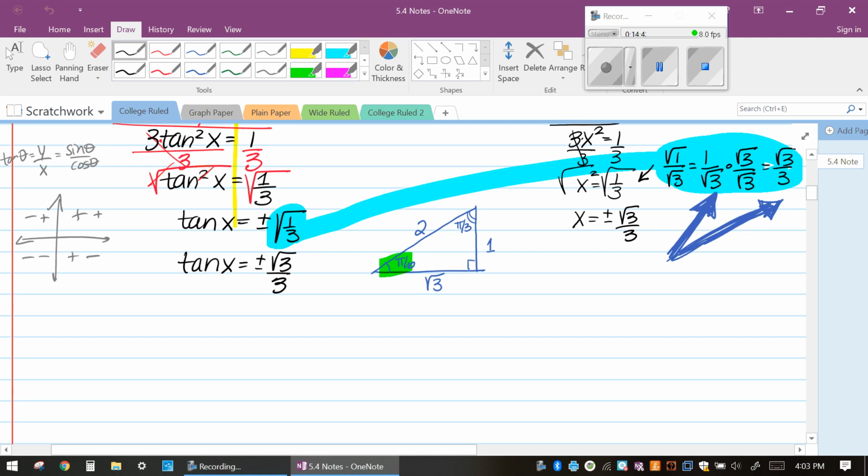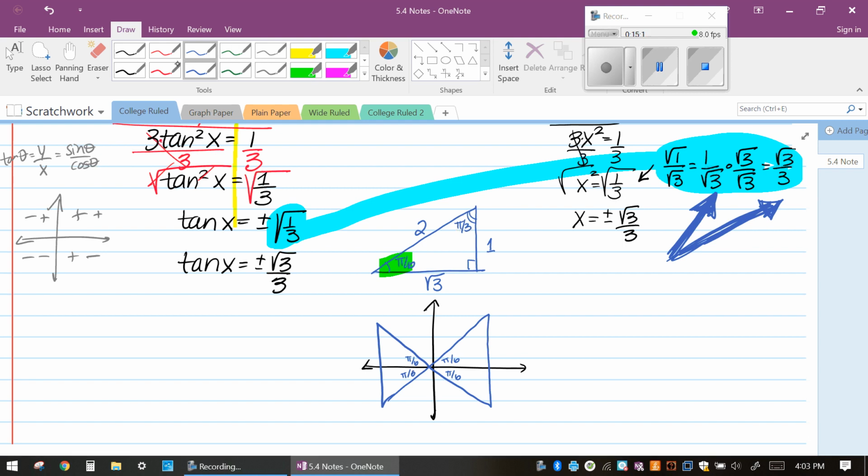So here's how you draw the diagram. I want reference angles of pi over 6. We said it could be in either quadrant 1, 2, 3, or 4.